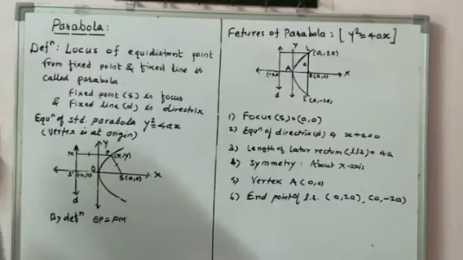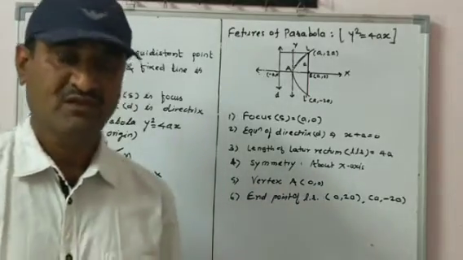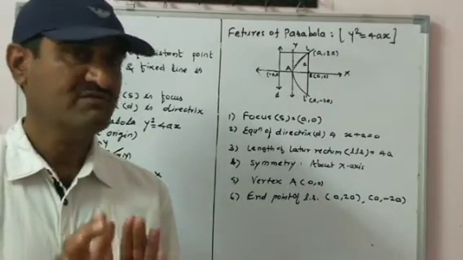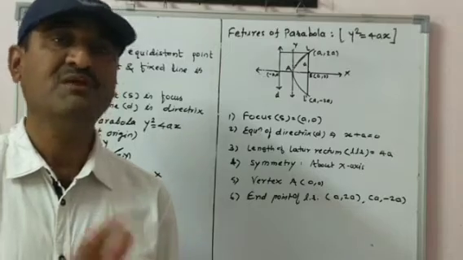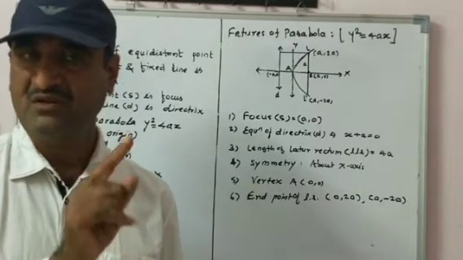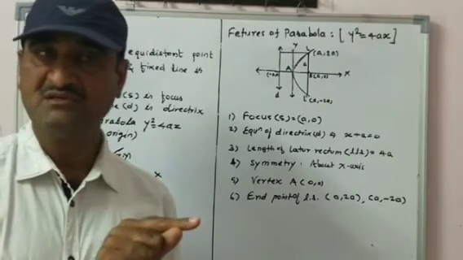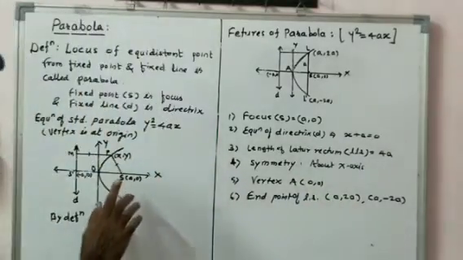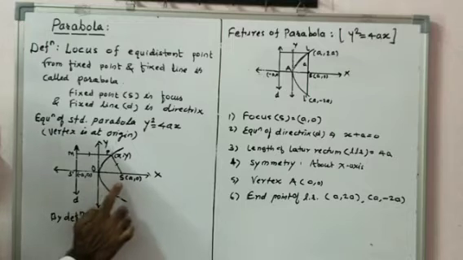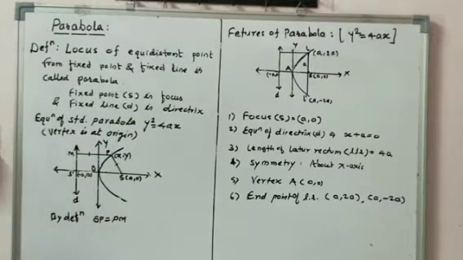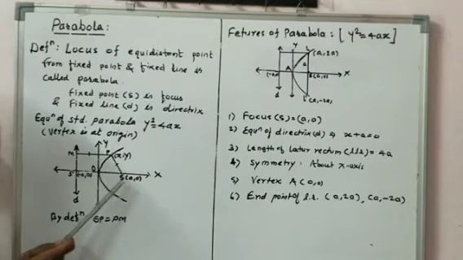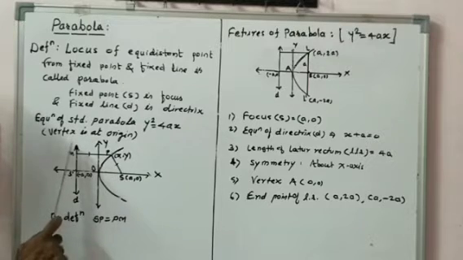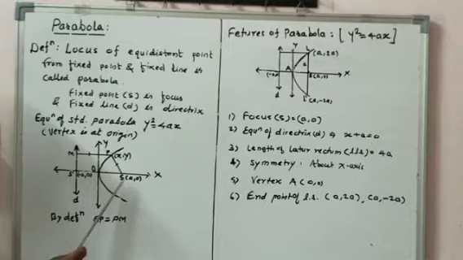Now the figure of the parabola. We draw the figure of the standard parabola from the definition. What is the definition? Locus of a point equidistant from a fixed point and a fixed line. Consider this a fixed point, and this a fixed line. It is called the directrix.